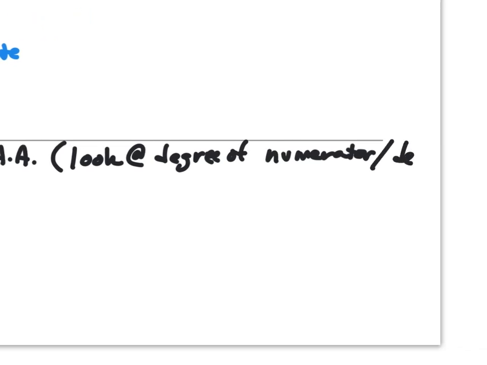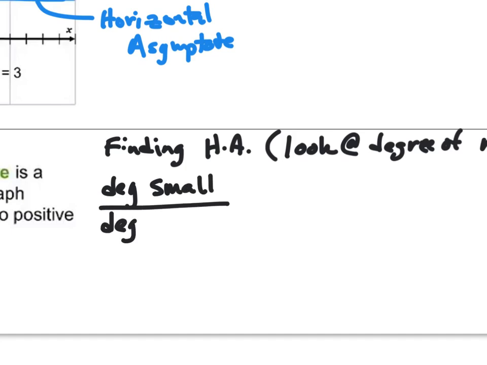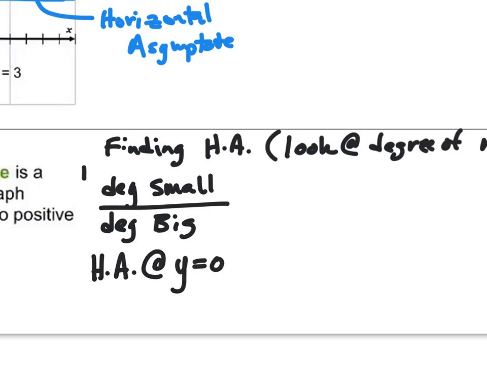The first scenario, so we have three scenarios, is if the degree is small in my numerator divided by a degree that is big, then we have a horizontal asymptote at the line y equals 0. This is the first one.